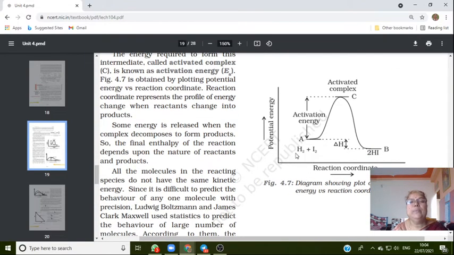So see here, at first, if we plot the graph of potential energy versus reaction coordinate, our reaction is between the H2 molecule and the iodine molecule. These are our reactants here, and the energy of the reactants is like this. And when H2 and I2 combine, their energy increases due to the collisions between hydrogen and iodine molecules.